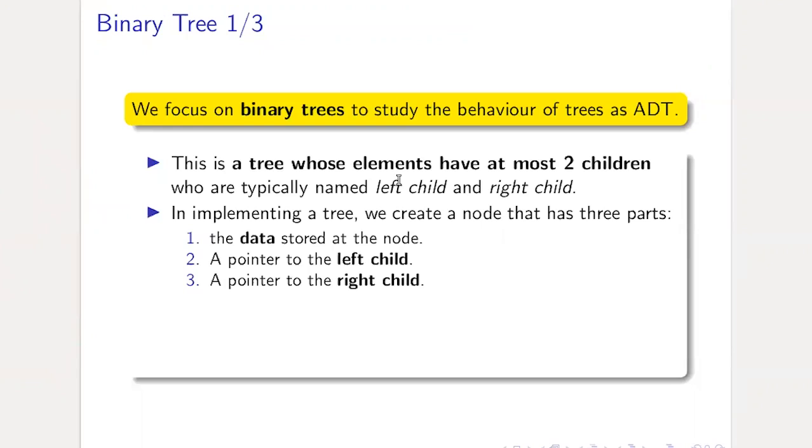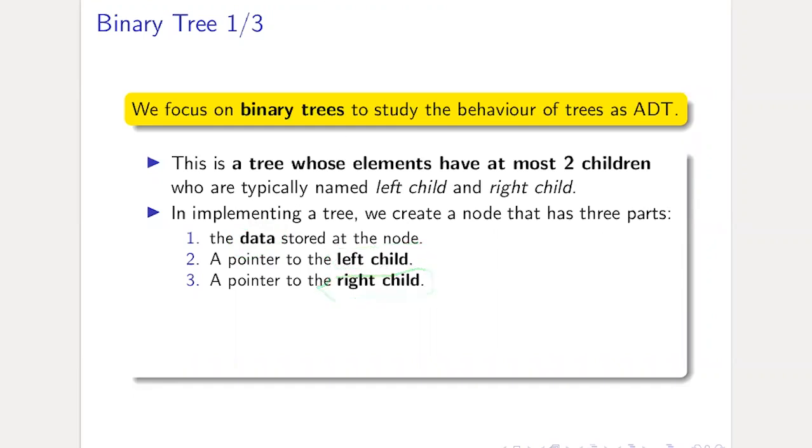So this is how we would implement a tree. We will create a node that has 3 parts. The node stores some data, and then it will have a pointer to its left child and a pointer to its right child.